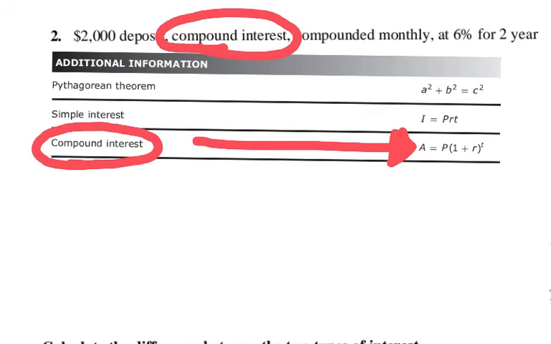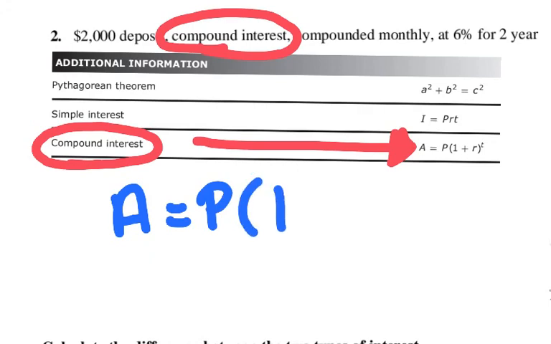Just to let you know, the real formula is A equals principal times 1 plus R, and then it should have an N under it, and then it should have an N here.